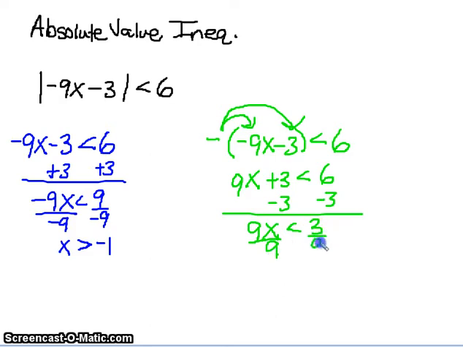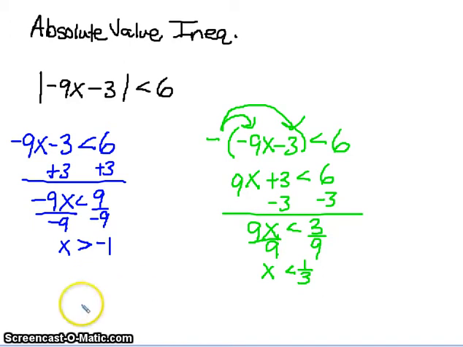Divide by 9, and we get x is less than 3/9 or 1/3. Now, as you can see, this is a less than, not the greater. So less than is the barbell type of graph.